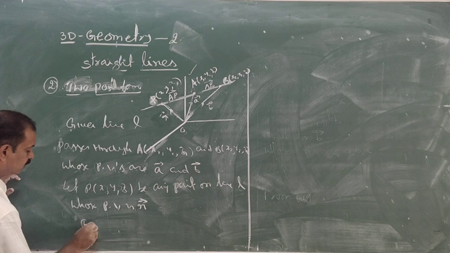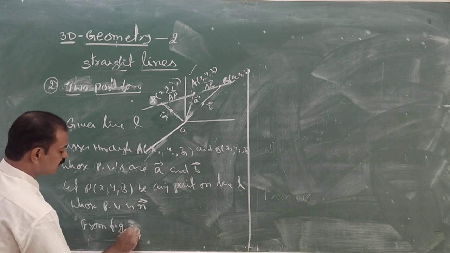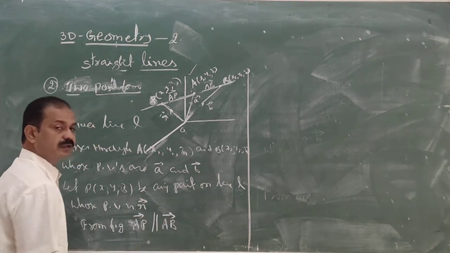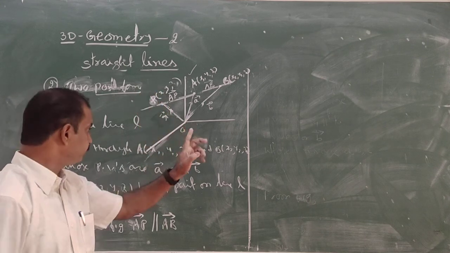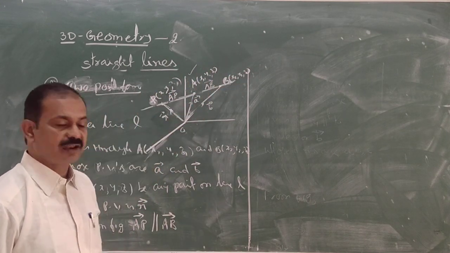From the figure, AP is parallel to AB, because a straight line means a point and one parallel vector. So I am considering AB as the parallel vector.